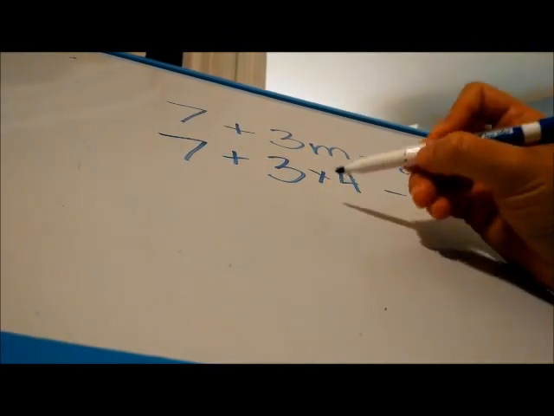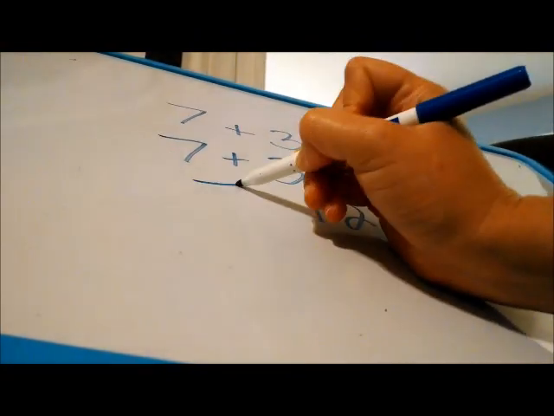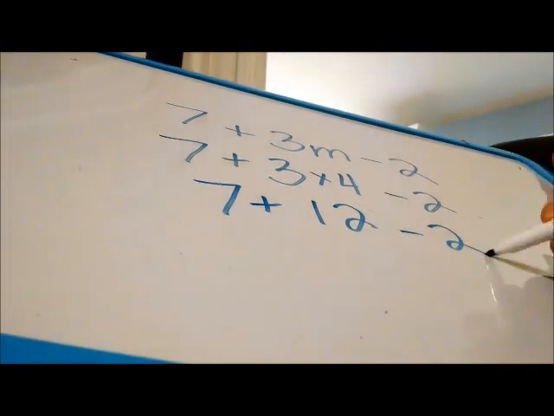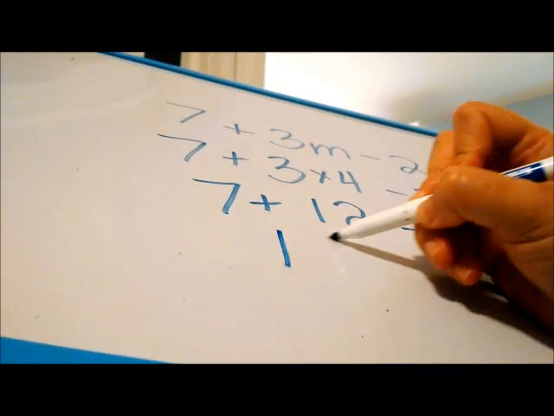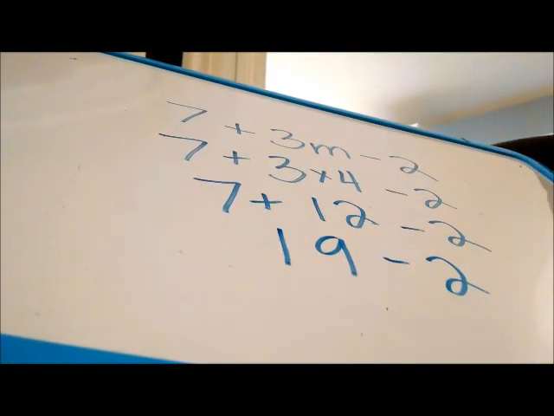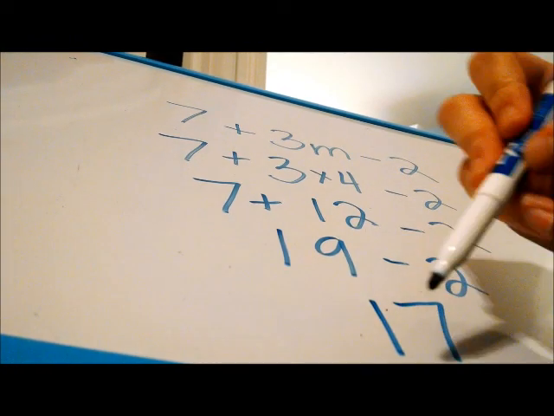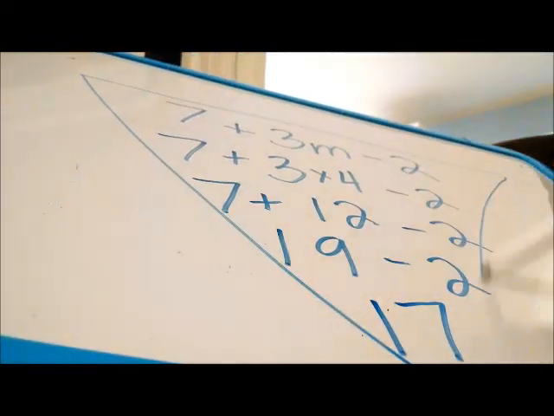Well, let's do our multiplying first according to the order of operations. So now we have 7 plus 12 minus 2. 7 plus 12 is 19 minus 2 is 17 in the tip of our Dorito.